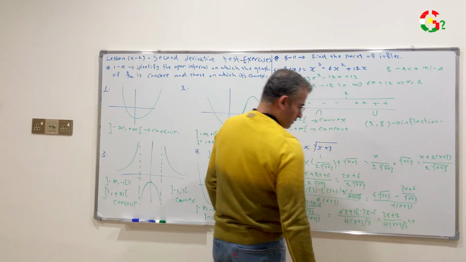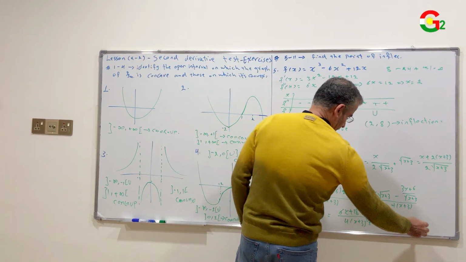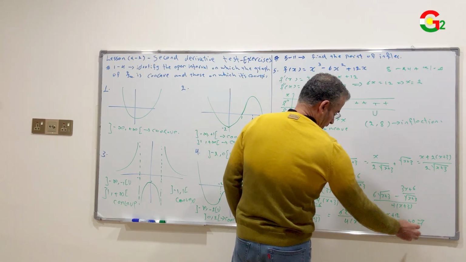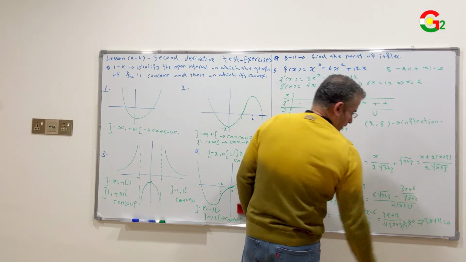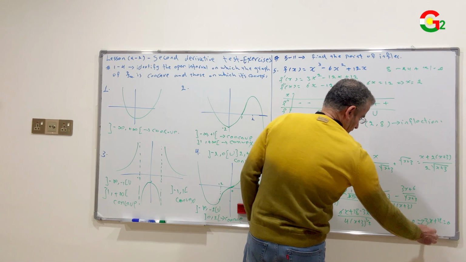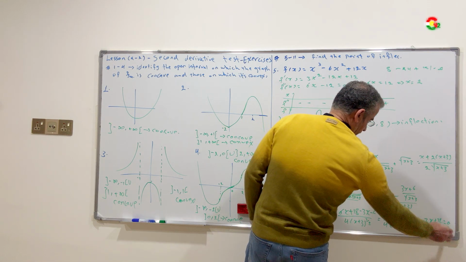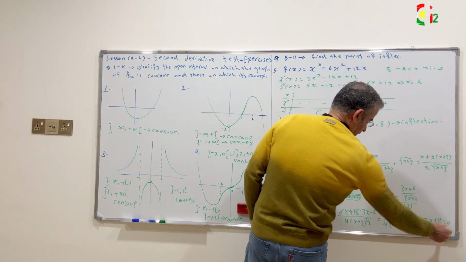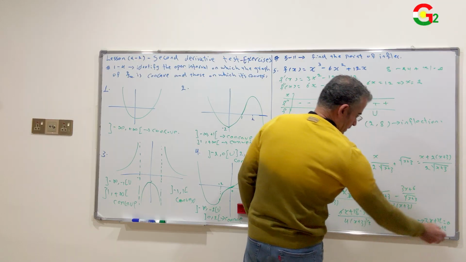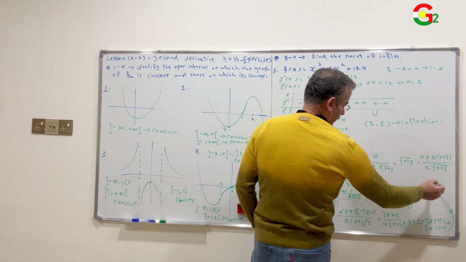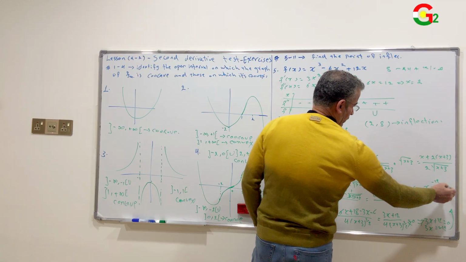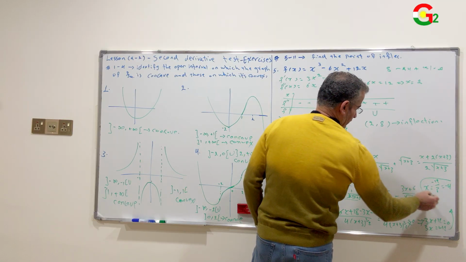Set it equal to 0. Then cross multiplication, 3x plus 12 equals 0. 3x equals negative 12. X equals negative 12 over 3, equal to negative 4.